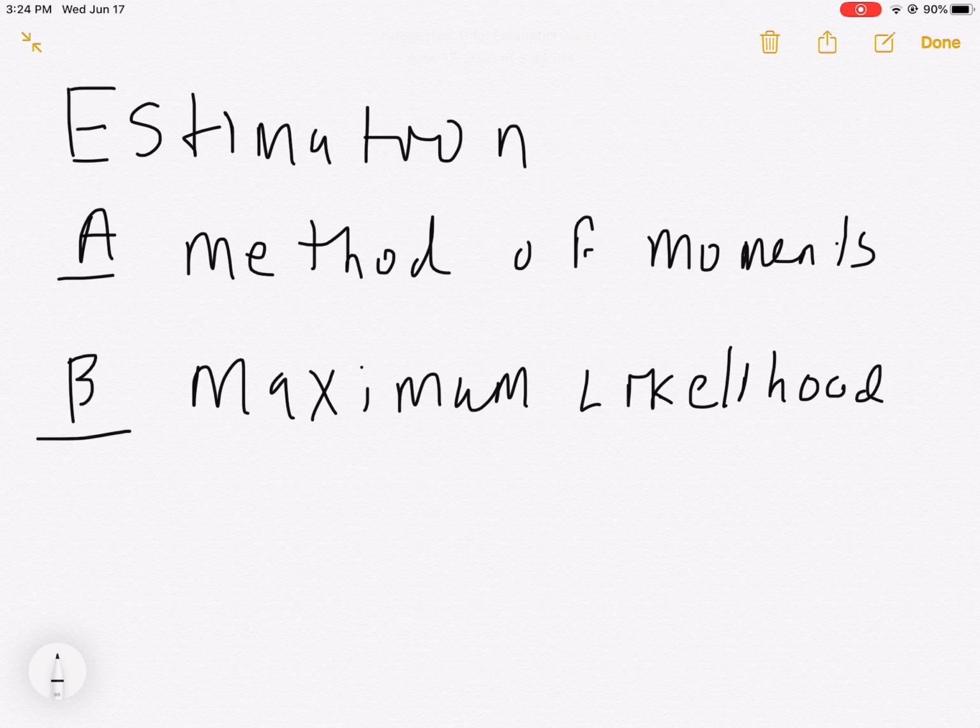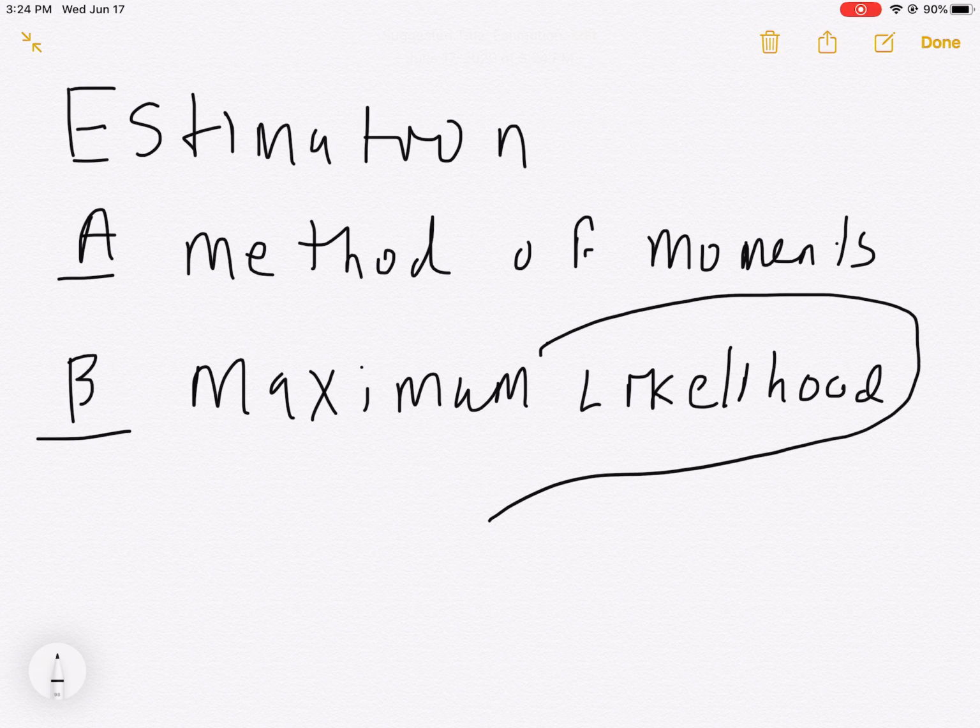Okay, and this one's very important. But we will discuss both. So, method of moments.